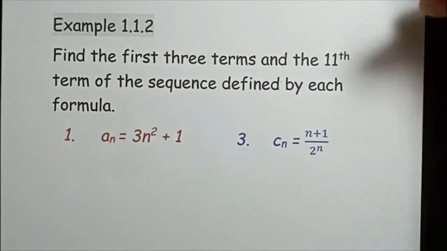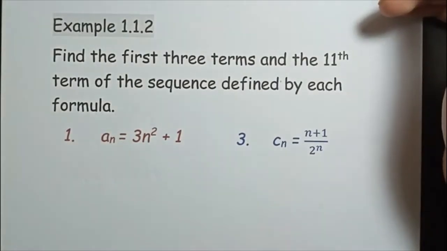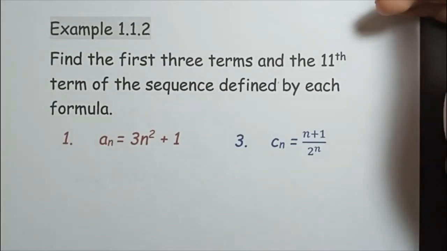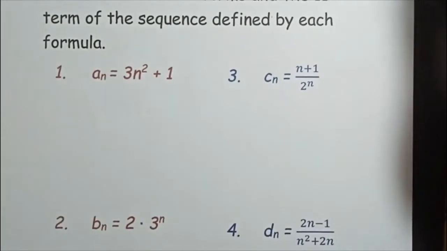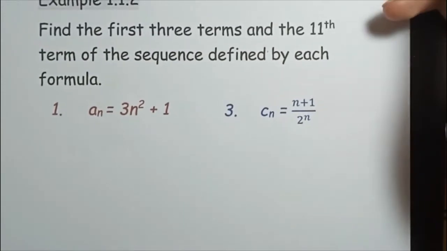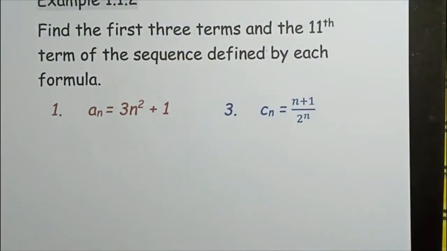Next example, 1.1.2. Find the first 3 terms and the 11th term of the sequence defined by each formula. So, meron tayong formula dito. Then, hahanapin natin yung first, second, third term, and yung 11th. Medyo mahaba-haba to. So, let's start.